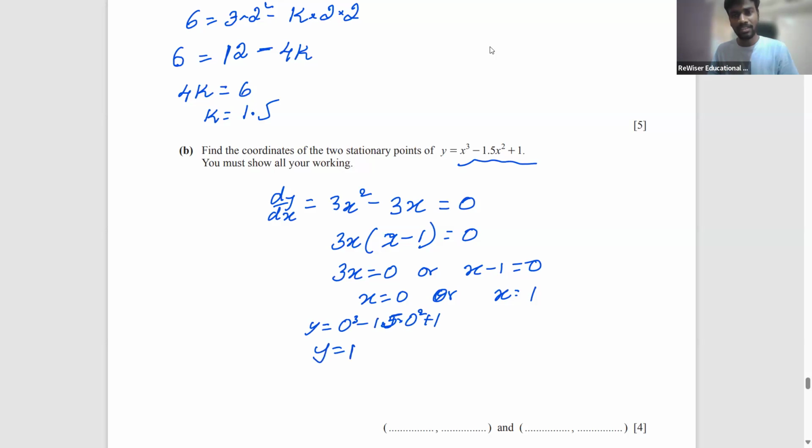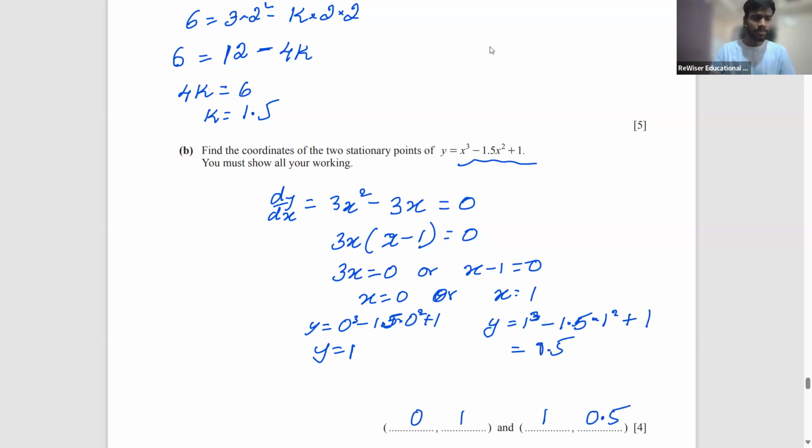And when x is 1, y is going to be 1 cubed minus 1.5 times 1 squared plus 1. If I solve this, 1 minus 1.5 plus 1 gives us 0.5. So the coordinates are going to be (0, 1) and (1, 0.5).